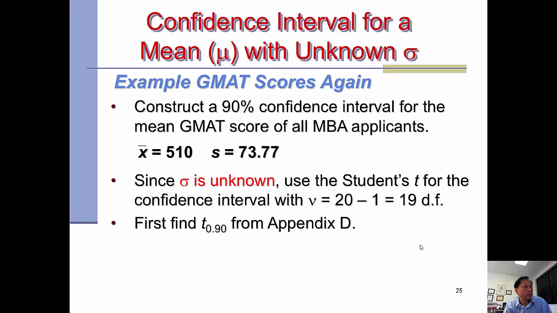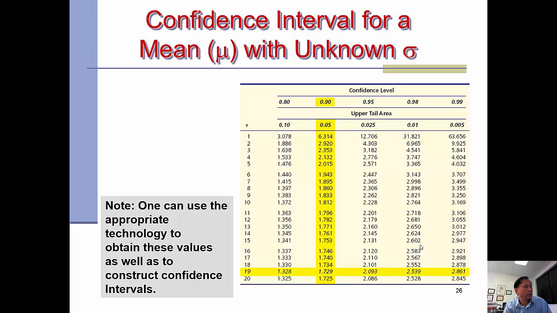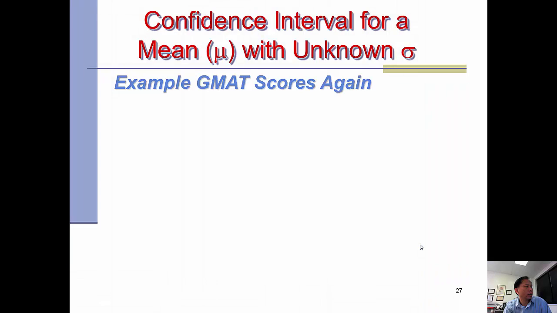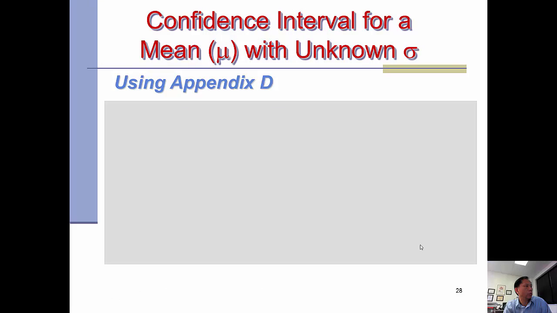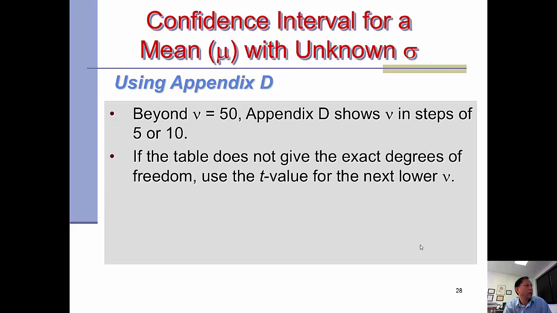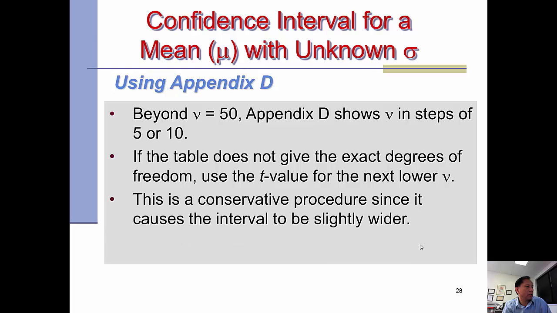The degrees of freedom is 19, and we use the t table in Appendix D. You find the t score, then you can calculate the confidence interval. This is just so you know. We're not going to test you on that, right? And beyond 50 degrees of freedom, Appendix D shows the values in steps of 5 or 10.